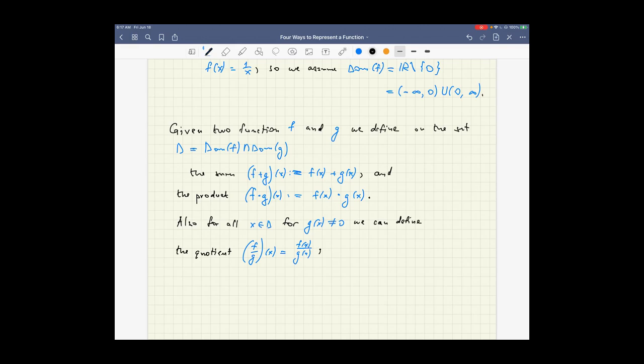Again, here x is in D and g of x is not 0.